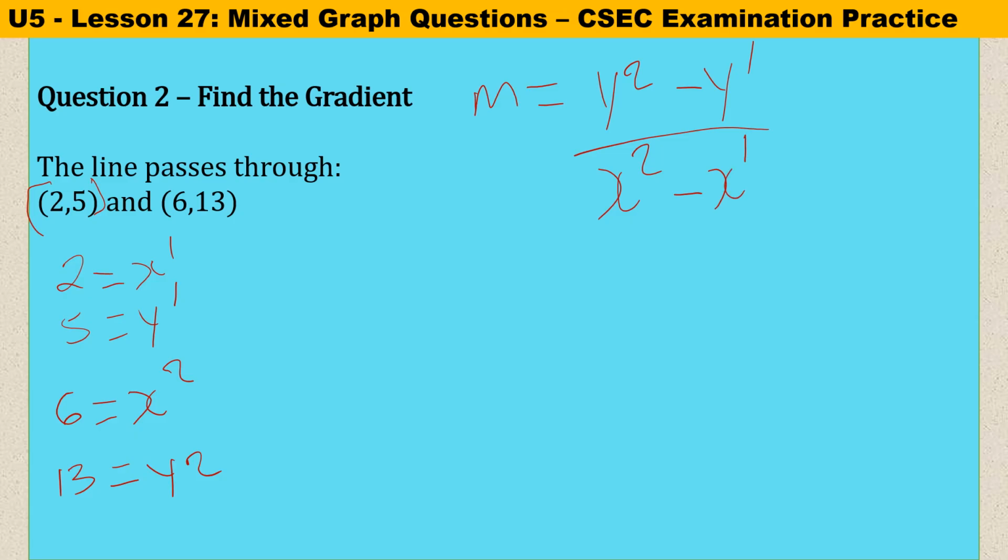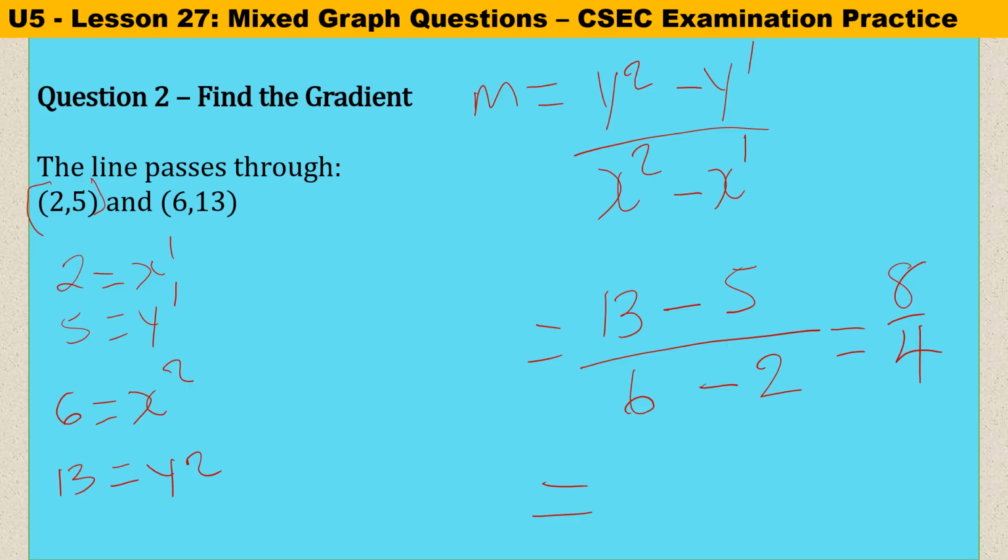So you go ahead and just substitute. y2 is 13 minus 5 over 6 minus 2, and that gives you 8 over 4. From here you simplify. 4 into itself one time, 4 into 8 goes 2 times. So m is equal to 2, and that's that.